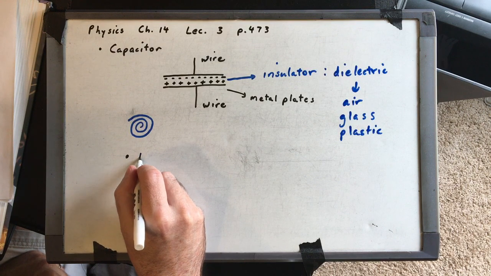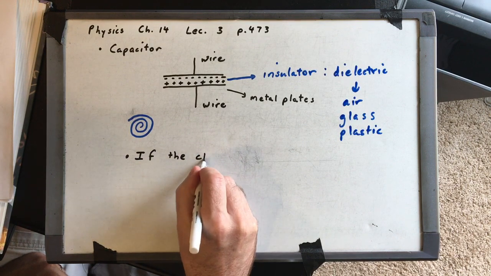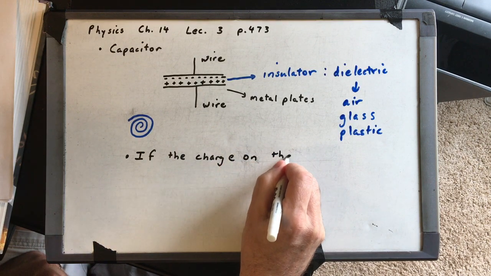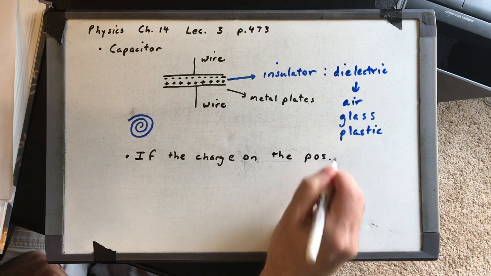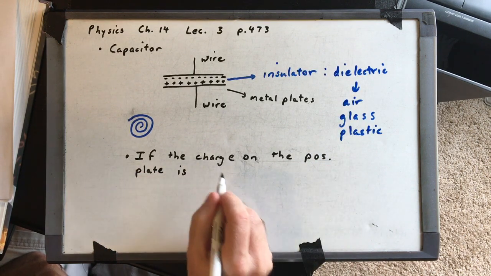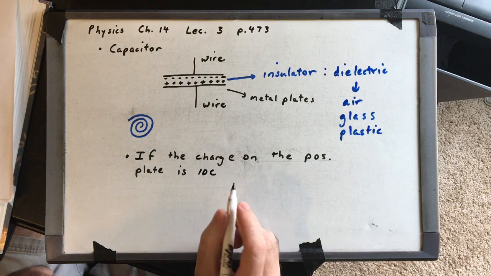But one note to make at the bottom of page 4 is if the charge on the positive plate is, let's say, 10 coulombs, which is an awful lot. It doesn't matter.